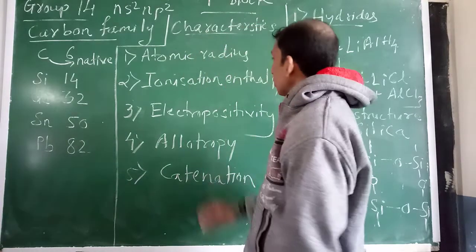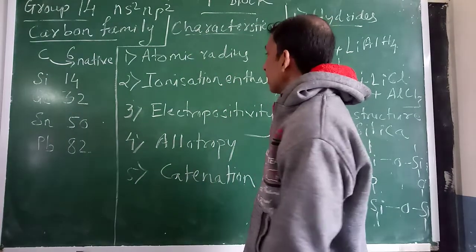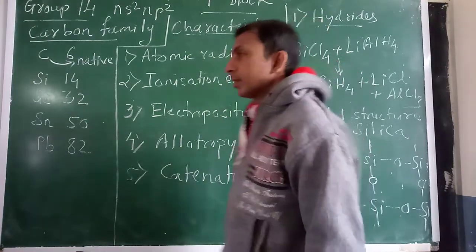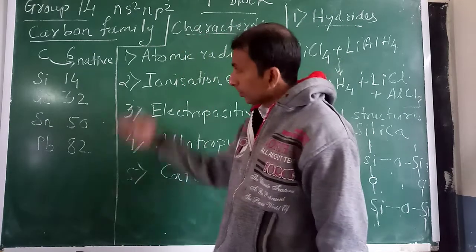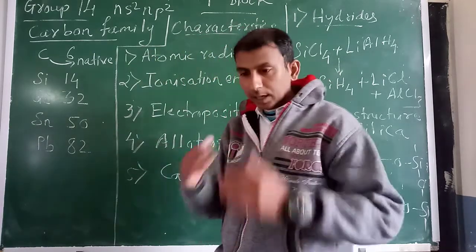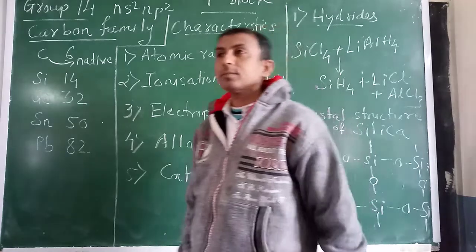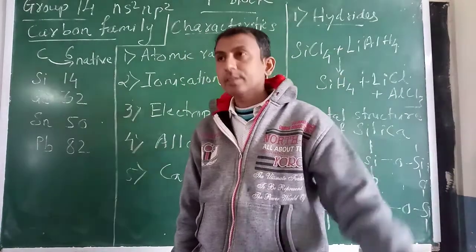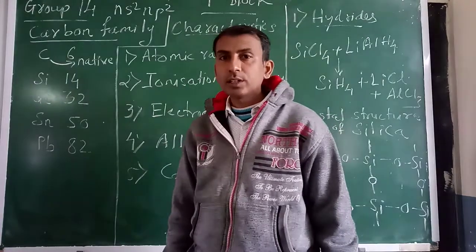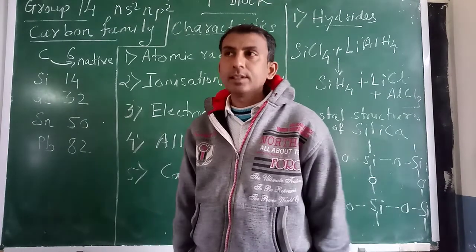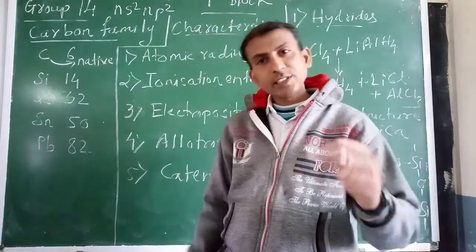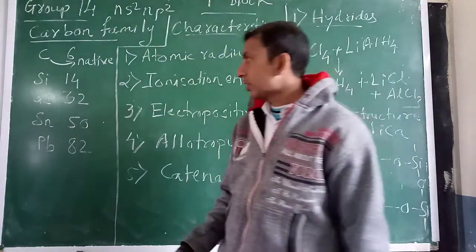Now the second characteristic, ionization enthalpy. Down the group, as atomic size and number of shells increase, ionization potential will decrease, because the nuclear attraction on outer electrons decreases.